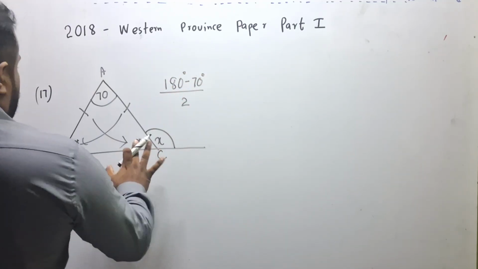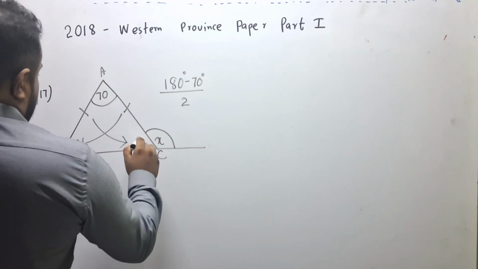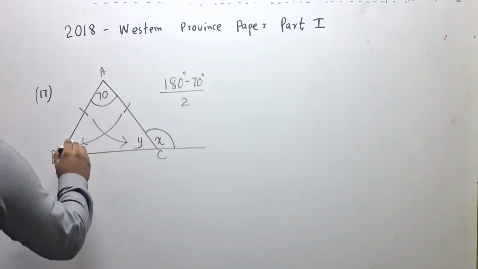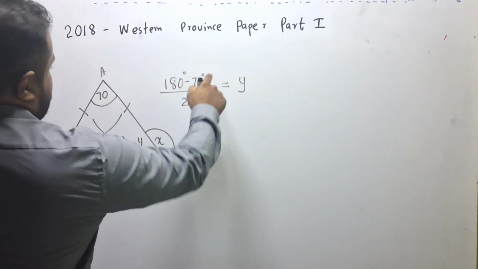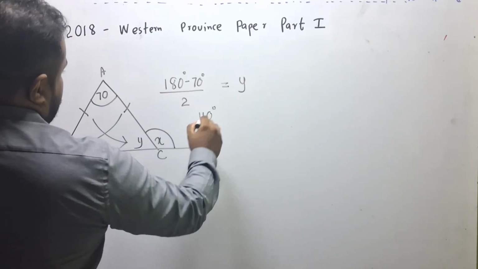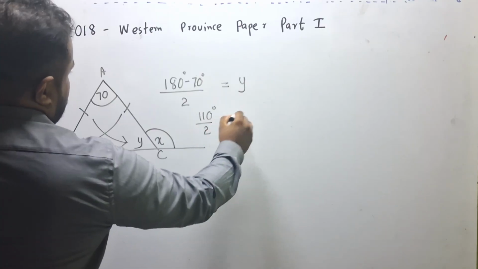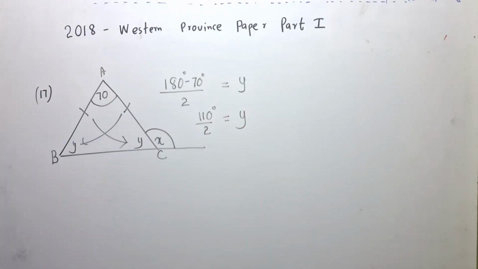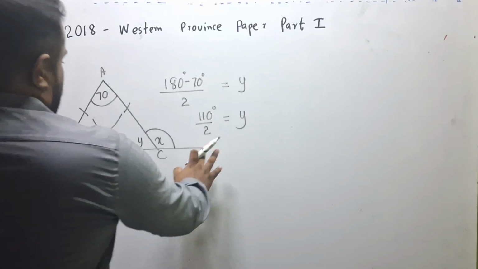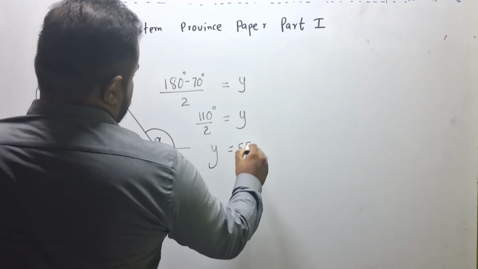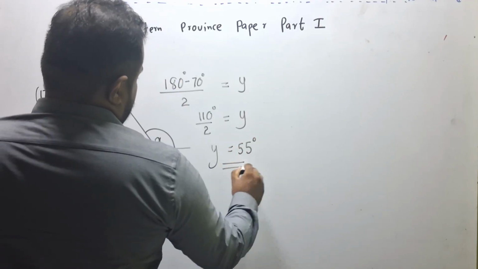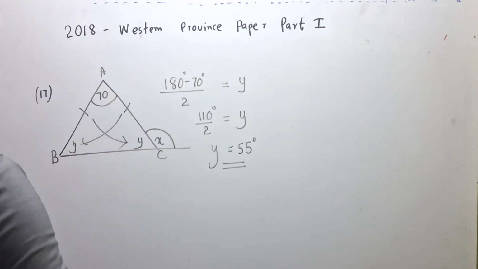I am making it y because there is x. 180 minus 70, 110, divided by 2 equals y. What's the value of 110 divided by 2? 55. Y equals 55 degrees.